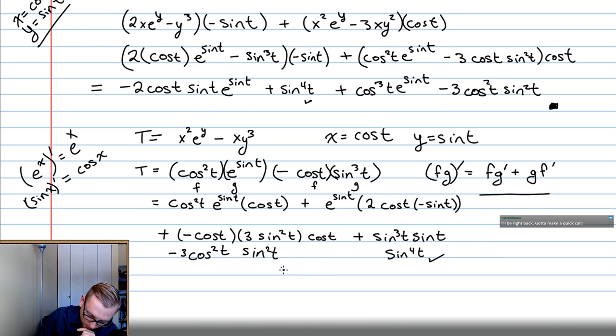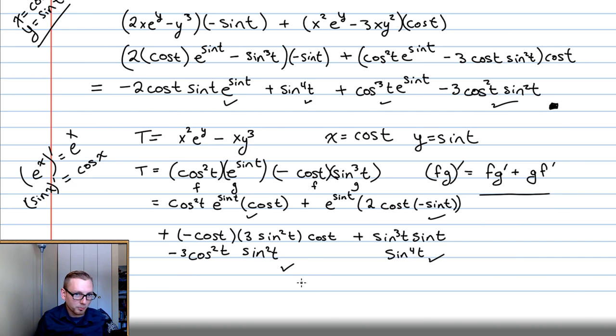And we've got our 3, so this is the same. Check. This right here is this one up here: minus sine t cos t e to the sine t. Check. And then cos cubed sine t. Check. This is two different ways.